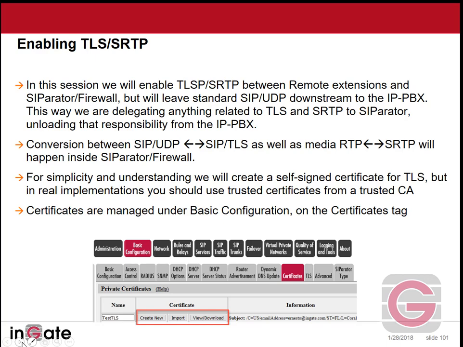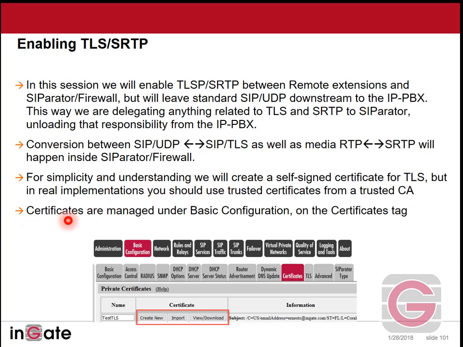We're going to need certificates anyway. My recommendation is to use commercially available certificates using a trusted CA, a certification authority. But for testing purposes you can just use a self-signed certificate, and you can do that directly from the GUI.